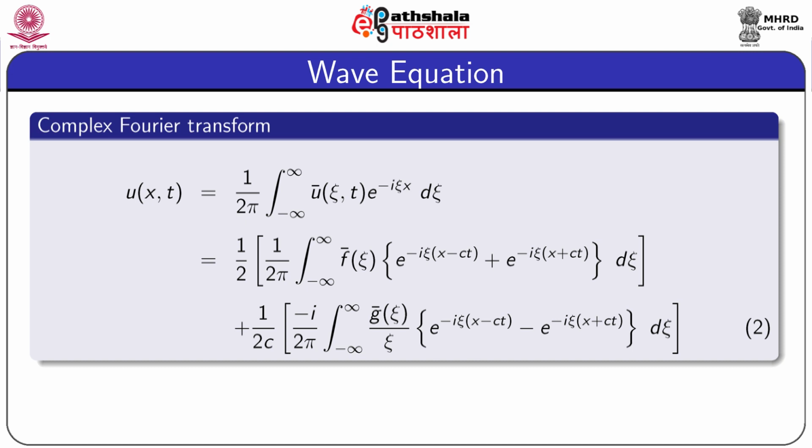This equals half of 1/2π integral of f̄(ξ) [e^(−iξ(x−ct)) + e^(−iξ(x+ct))] dξ plus 1/2c times (−i/2π) integral of ḡ/ξ into [e^(−iξ(x−ct)) − e^(−iξ(x+ct))] dξ.